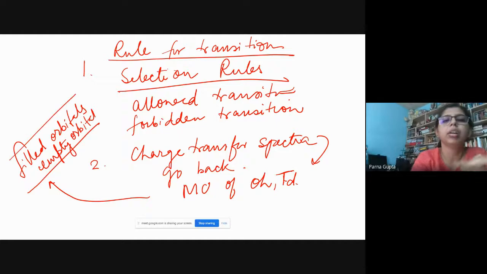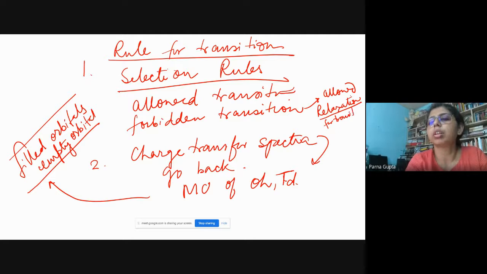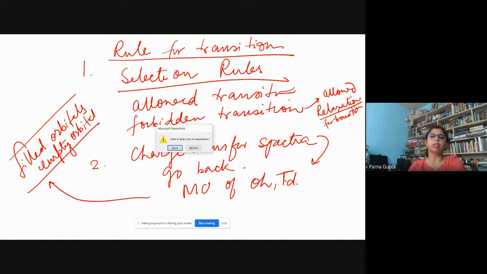And then some forbidden transitions become allowed by some relaxation, which we'll read in a little bit. Relaxation for transition. And this g value, g to u transition, all these things we will learn.